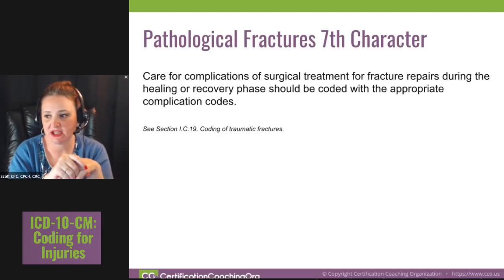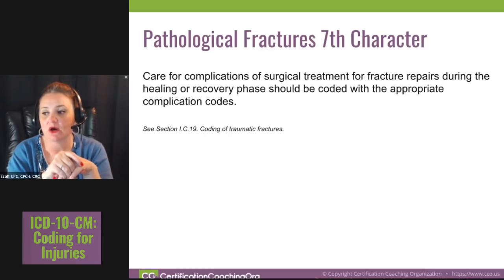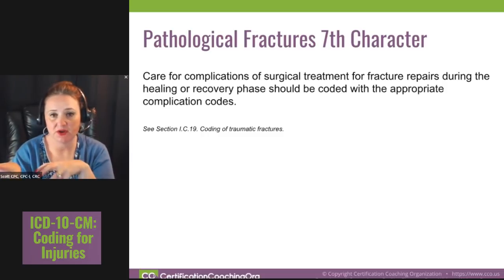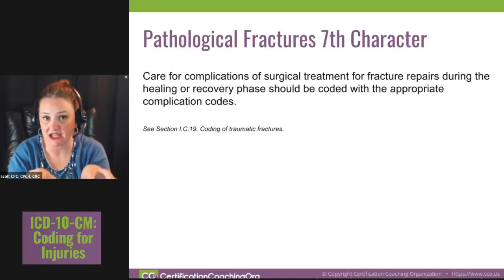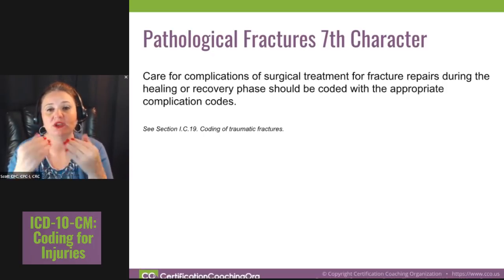So we have a question that came in from Karen. It says, how about if they come in the ER and come back a couple days later since the cast is uncomfortable, is this still active? Well, if no other treatment is being done, and the cast is uncomfortable, then we need to see why.